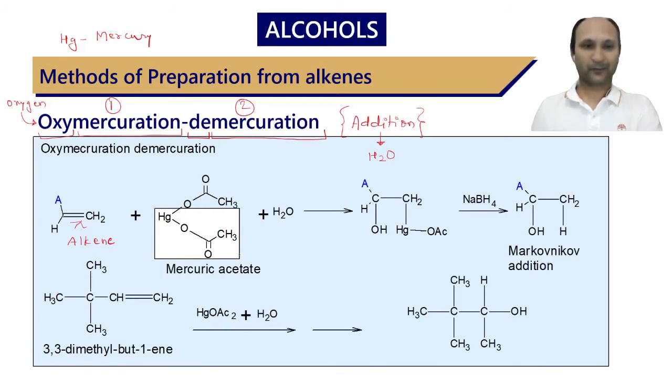The first reactant is mercuric acetate and the second is water. So we can conveniently write this water as H plus and OH minus, and this mercuric acetate, the moiety in the white box, can be written as HgOAc, where this OAc will show us OCOCH3 minus.